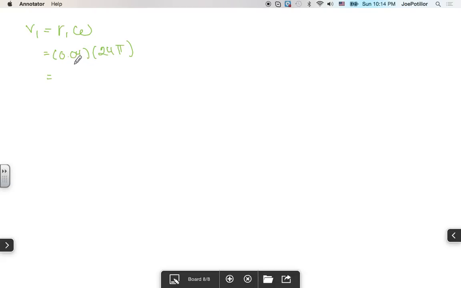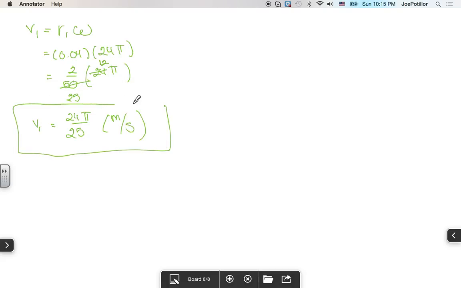You know that 2 divided by 5 is 40%, so 2 divided by 50 is 0.04, and then 24 pi. And then you kill it: the 2's go away, and the 24 becomes 12, so we get 24 pi divided by 25. You can leave that as such, and that's in meters per second. I like exact answers.